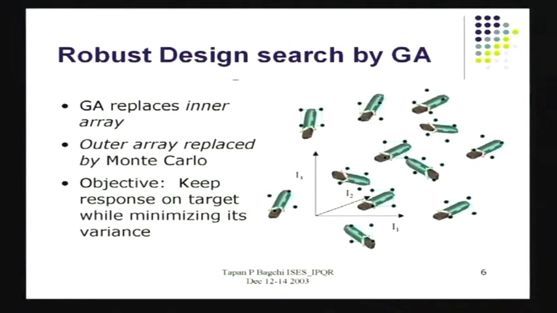There's an alternate approach, which comes from the inspiration given by Charles Darwin. The person who worked this out in good detail was John Holland, and he came up with a technique called genetic algorithms. That's also a search approach, and it is quite different from the design of experiments approach.